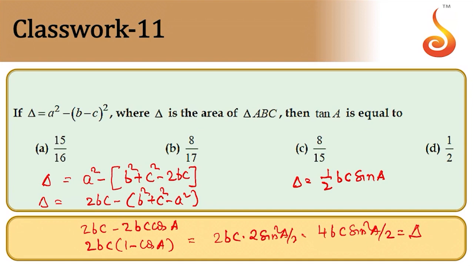Half bc sin A is equal to what we got, 4bc sin square A by 2. So half will cancel, bc will cancel.